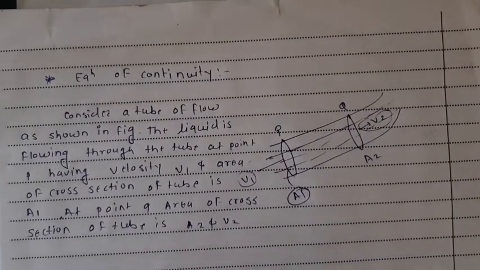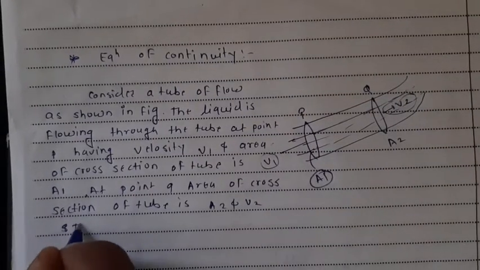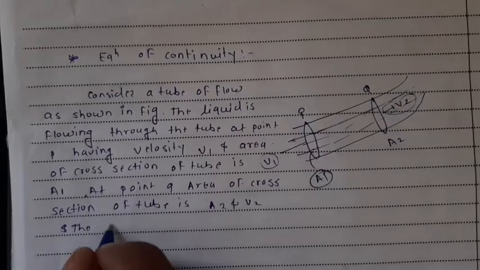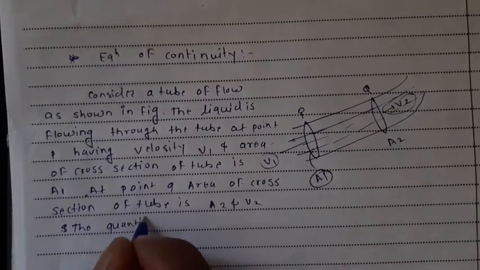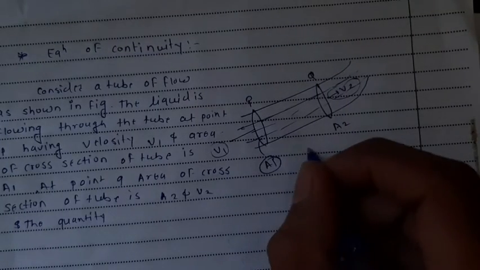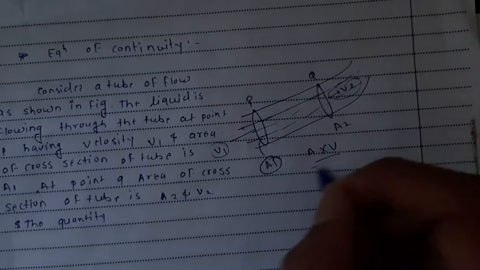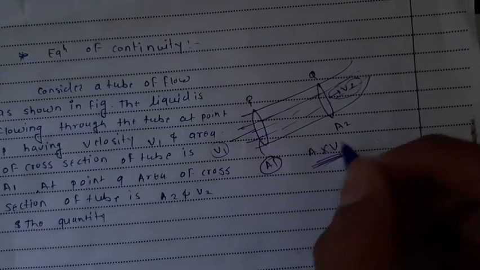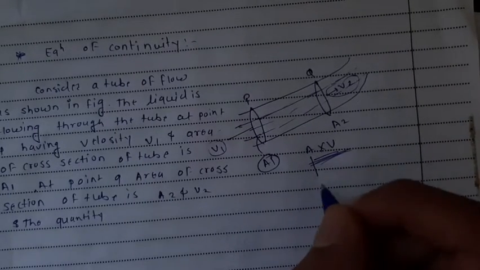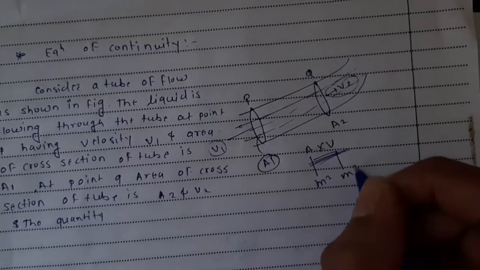Now see, if I consider the area into velocity, we know that area is measured in meter square and velocity is measured in meters per second.